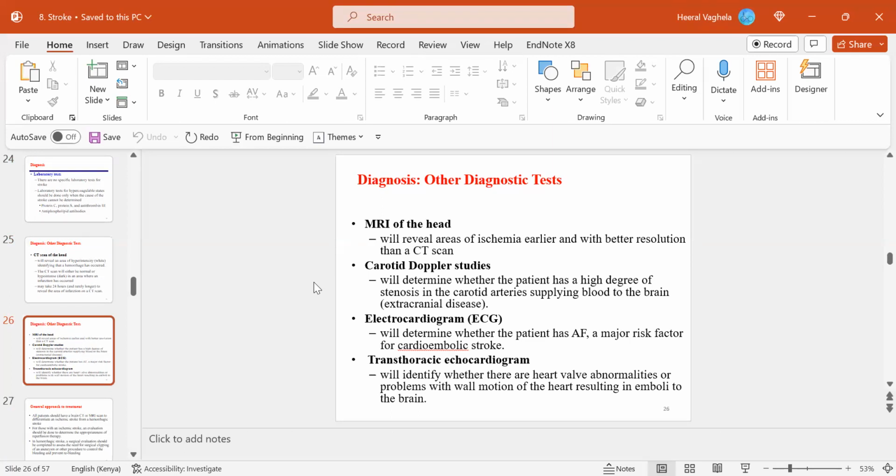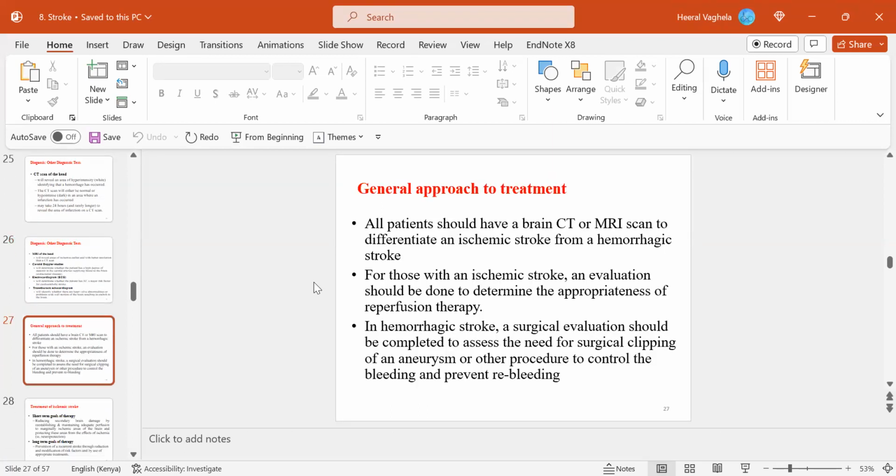And then, okay, now treatment. Since we know what causes stroke, what management do we do?